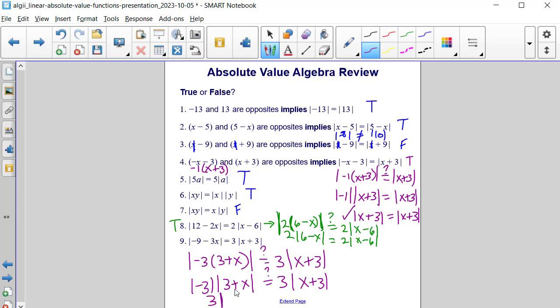And then remember, addition is commutative, so you can switch the x and the 3 around and still get the same result. So 3 times the absolute value of 3 plus x is indeed equal to 3 times the absolute value of x plus 3. So this is indeed a true statement for number 9.